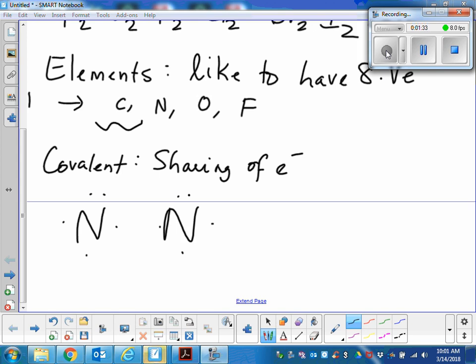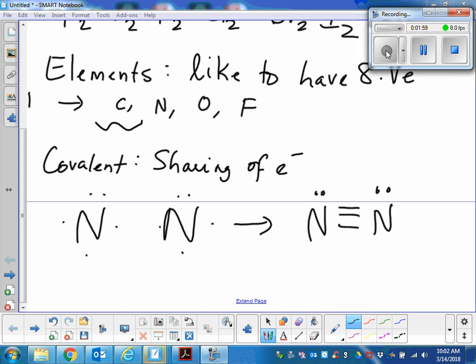So these 3 electrons will pair up and the resultant structure of diatomic nitrogen looks like that. It forms 3 covalent bonds, with the 3 single electrons pairing up with each other. Is it making sense so far?